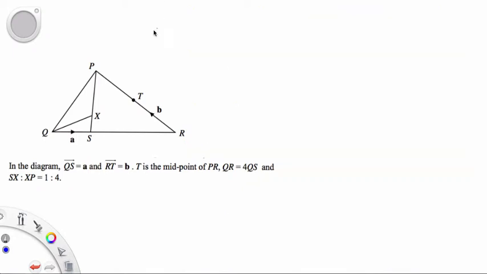We'll be continuing with question 7b, part 1a. This question asks us to find SR. Before you even try to solve vector, always take note what is the information given, and from the information given, please indicate on your diagram first.